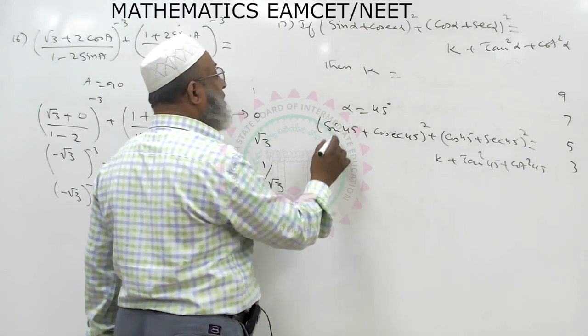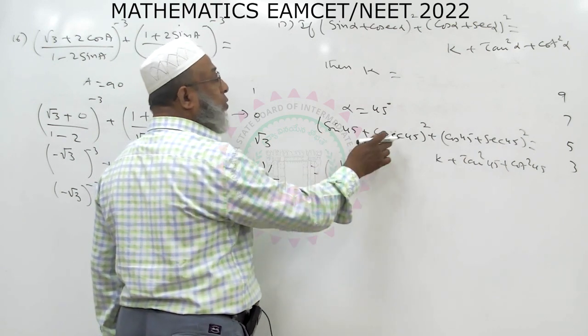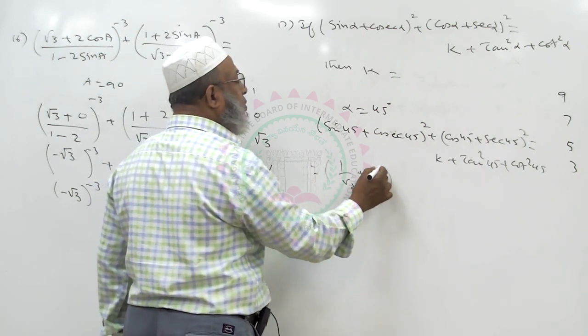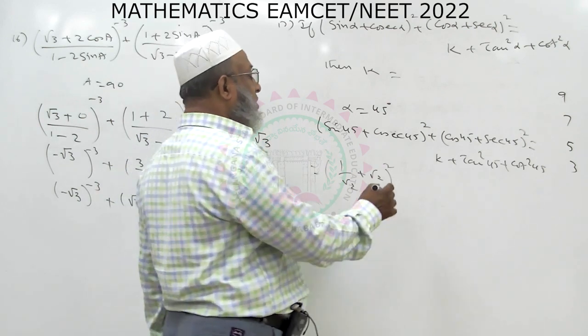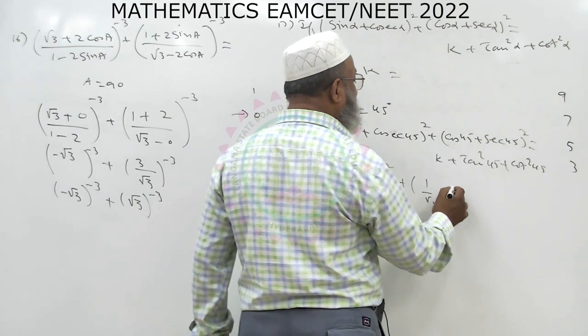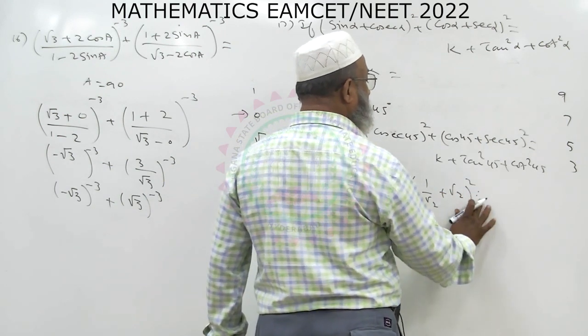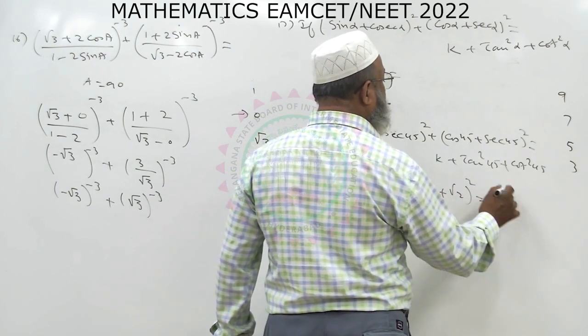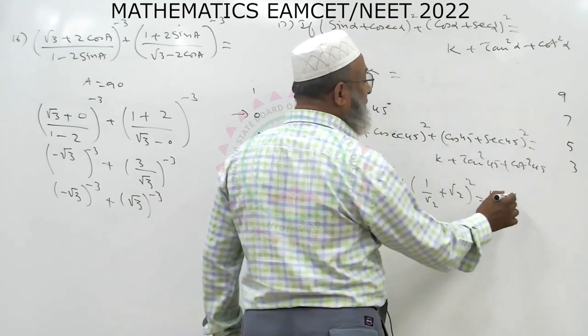Sin 45 is 1 by root 2, cosec 45 is root 2; cos 45 is 1 by root 2, sec 45 is root 2; tan 45 is 1, cot 45 is 1.